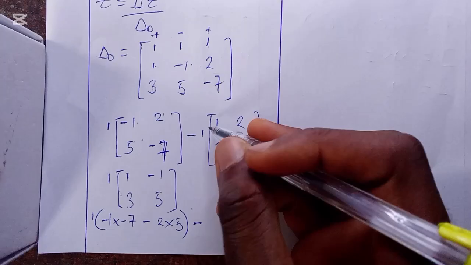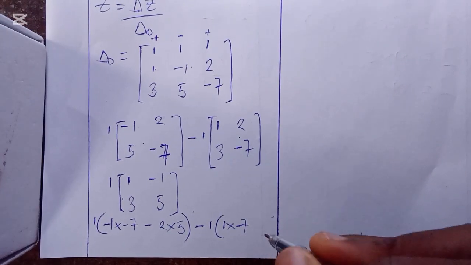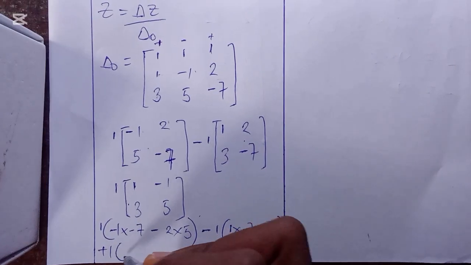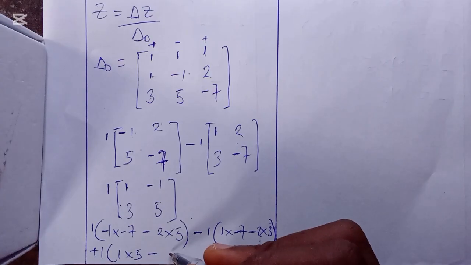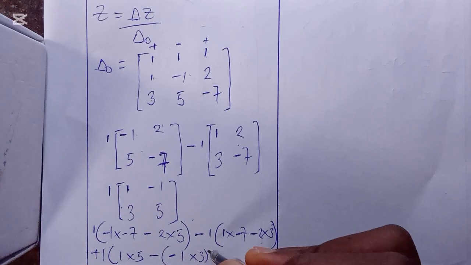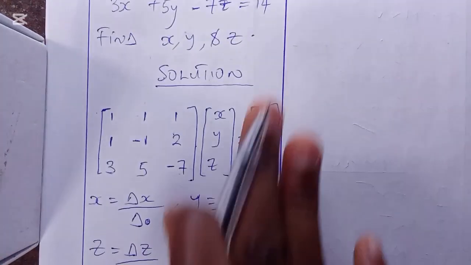Next one, minus our 1 here, bracket 1 times minus 7 minus 2 times 3, and finally plus 1, open bracket 1 times 5 minus 1 times 3, right?